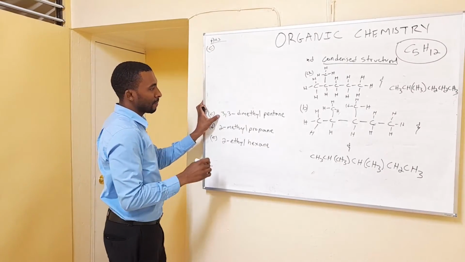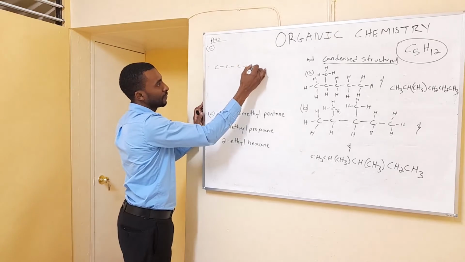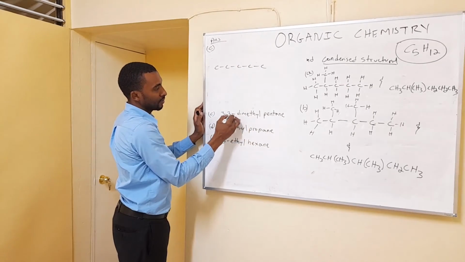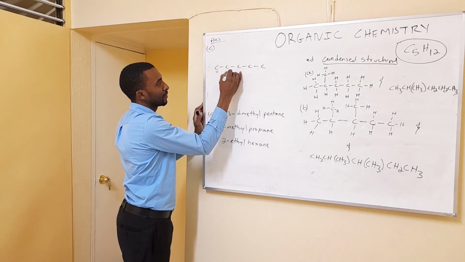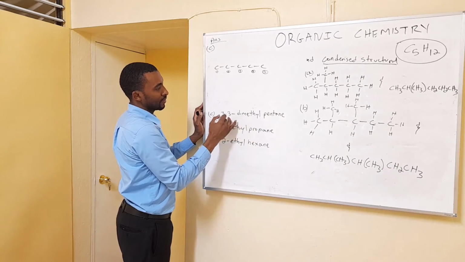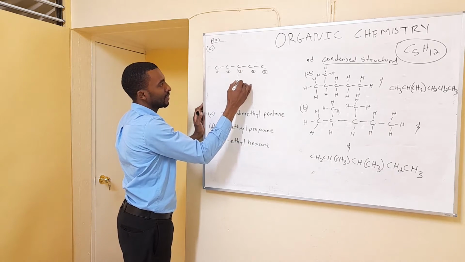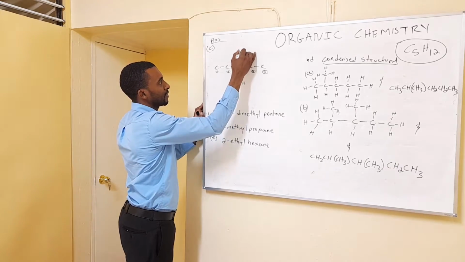For C, it's a pentane. 1, 2, 3, 4, 5. 3,3-dimethyl. So if it is 3,3, then it simply means that we have a CH3 here. We also have another CH3 here.